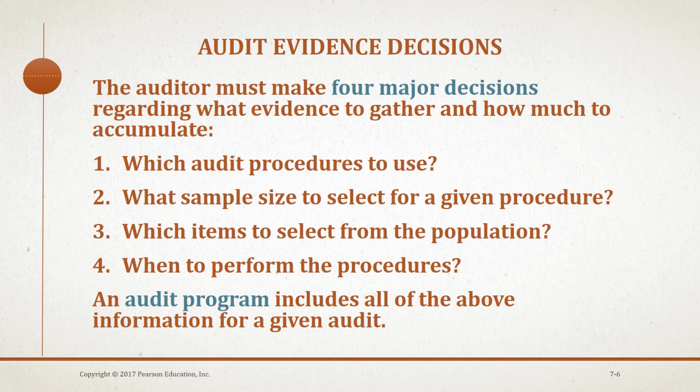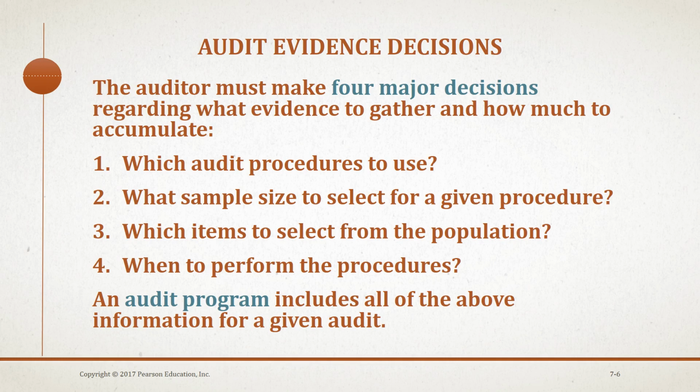What sample size to select for a given procedure? As we said in the course, we are going to be sampling things. It's not all going to be the same. Therefore, do we choose 10, 100, 32? How do we decide? What items are we going to select from the population?